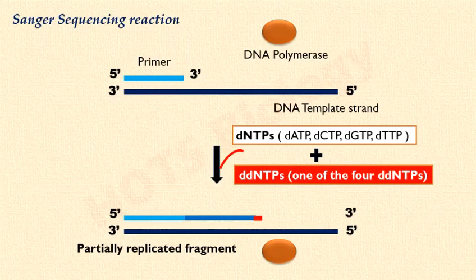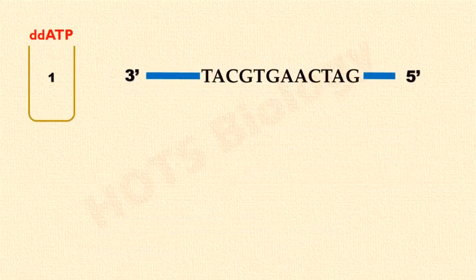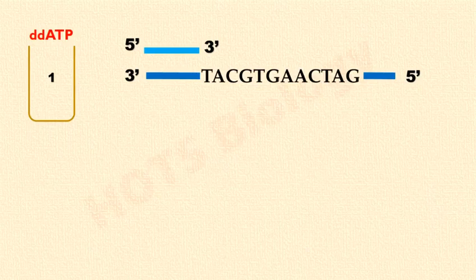Let's understand this for the first reaction. This is our DNA template strand and this is the primer. ddATP is present in lower amount. ddATP will be incorporated occasionally wherever normal dATP is to be incorporated, complementary to thymine residue.